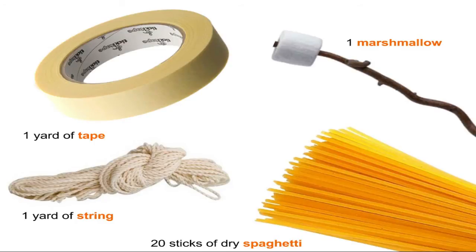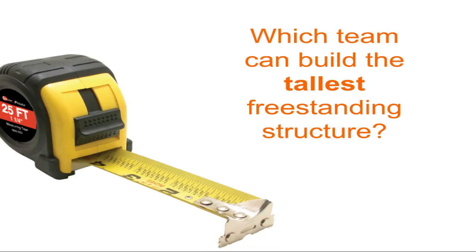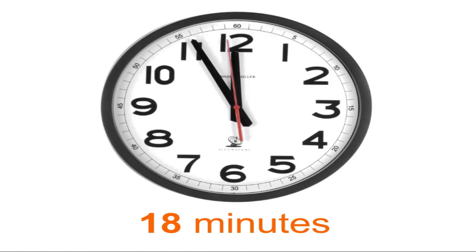So my students are all sitting in the classroom and I say, this is what we do first. These are the materials that you will receive today. This is your task. This is how much time you get.